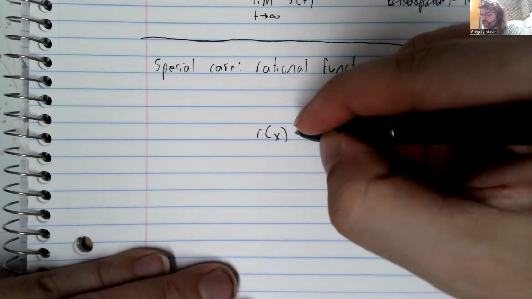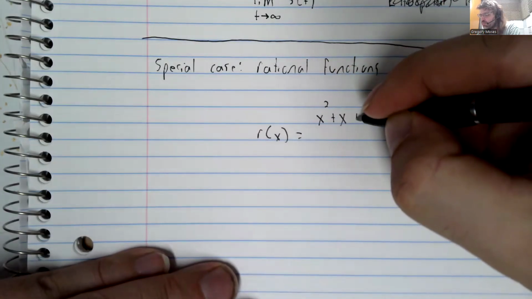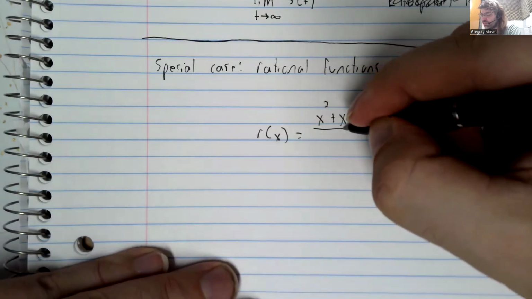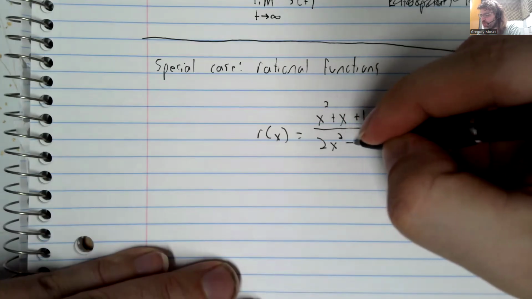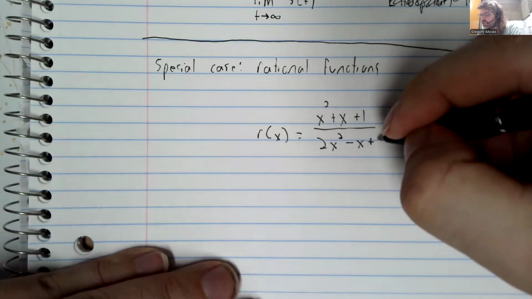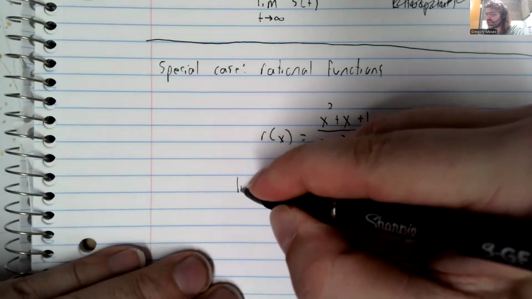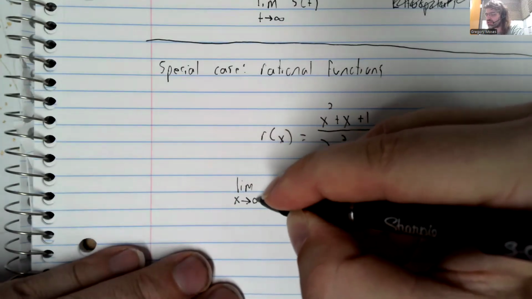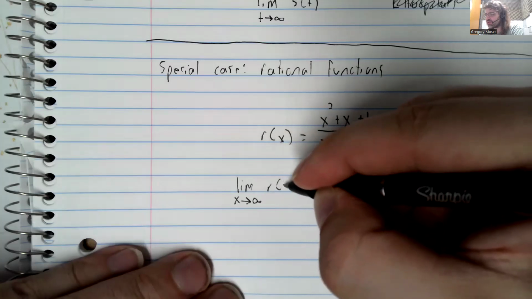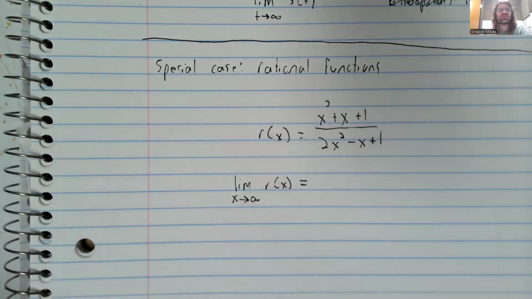R of x equals x squared plus x plus 1 over 2x squared minus x plus 1. And let's graphically investigate the limit as x goes to infinity of this function.